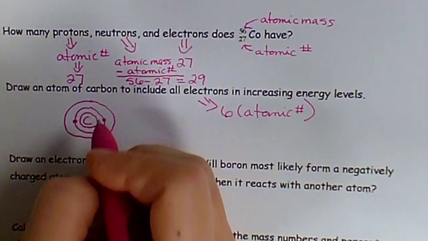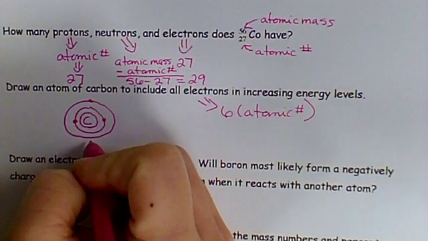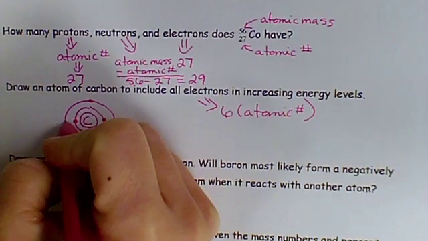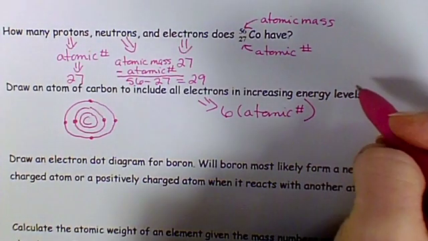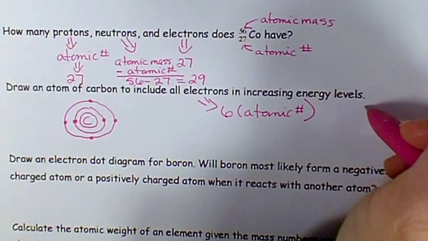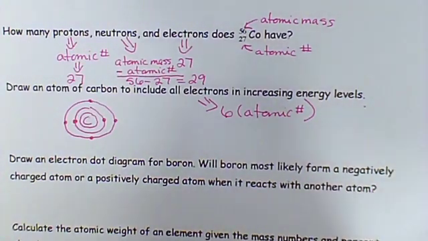So we already have 2, so we need 4 more. 1, 2, 3, 4. So there you go. And it has 2 energy levels because it's in period 2.